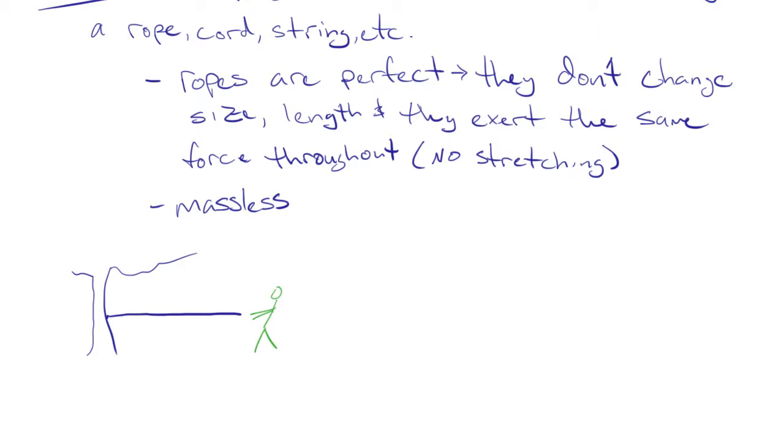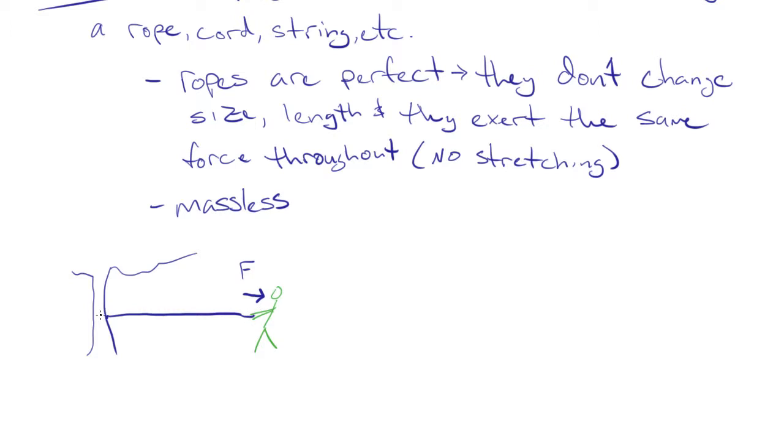Not that it matters. So I'm pulling the rope with some force F, very general. All that the rope is doing here is transmitting my force F that I'm applying to the rope down here to the tree.